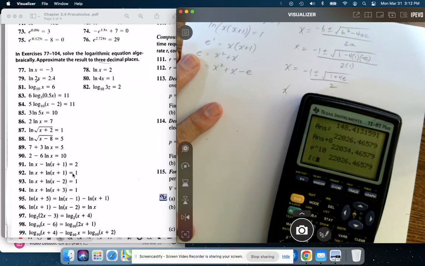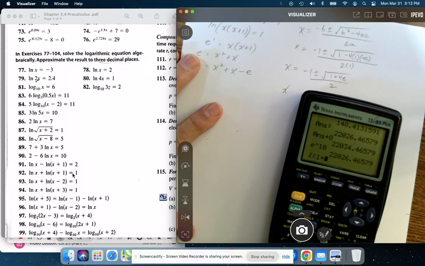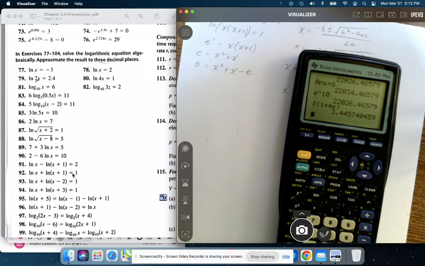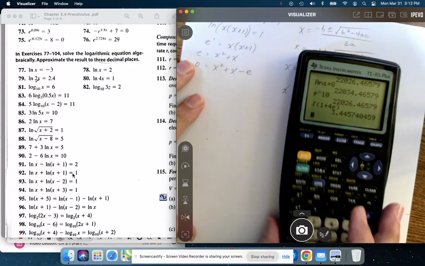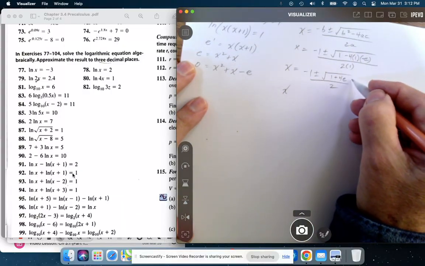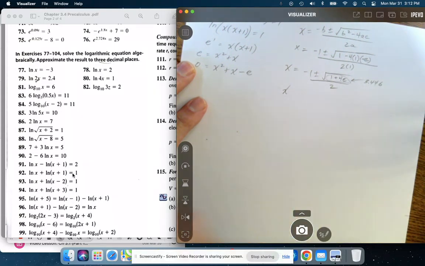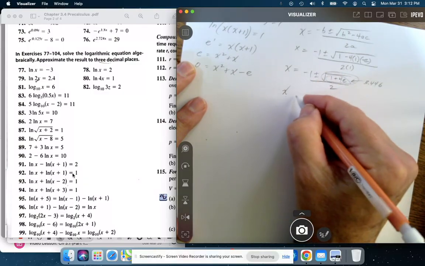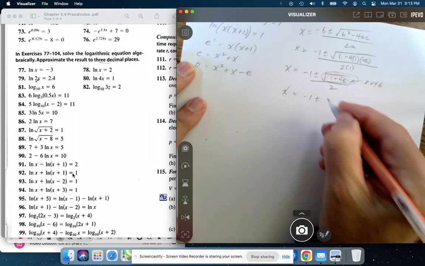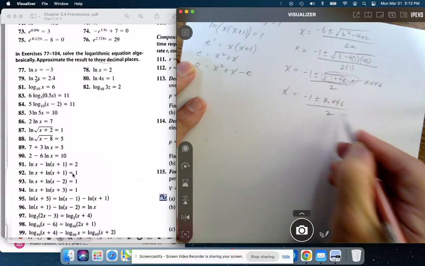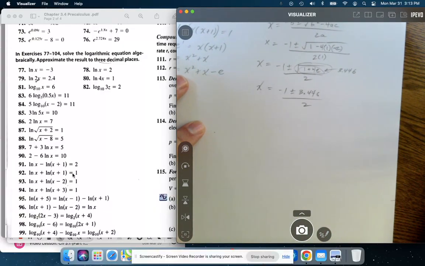So the square root of 1 plus 4e is about 3.446. Sorry, the square root, the whole square root part. So now I've got negative 1 plus or minus 3.446 over 2. So I need both of those answers.